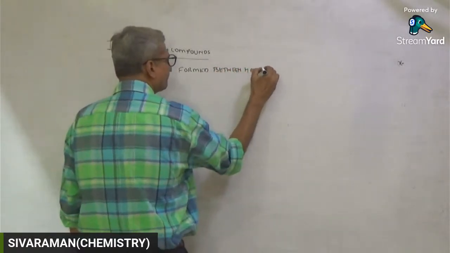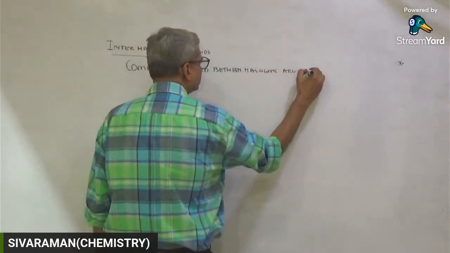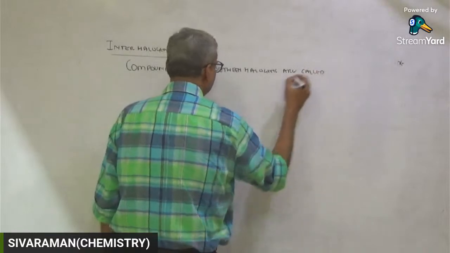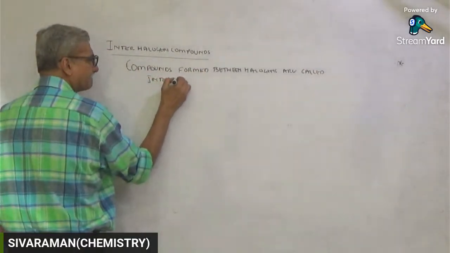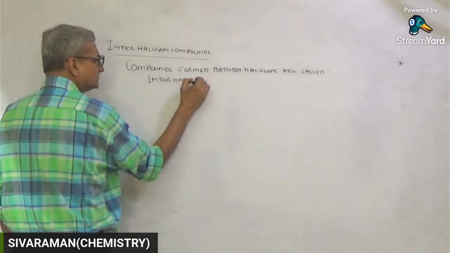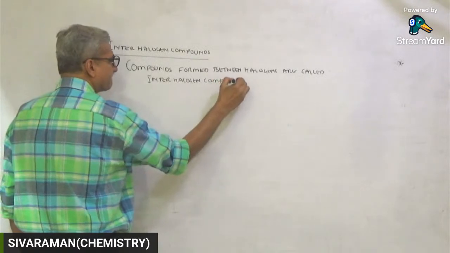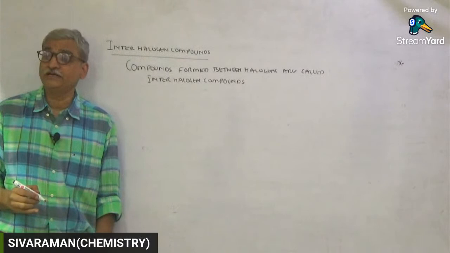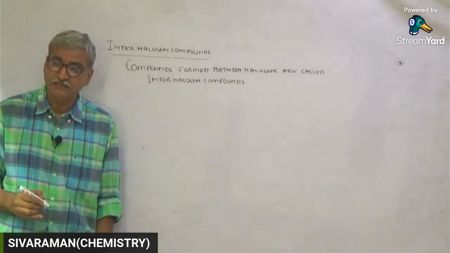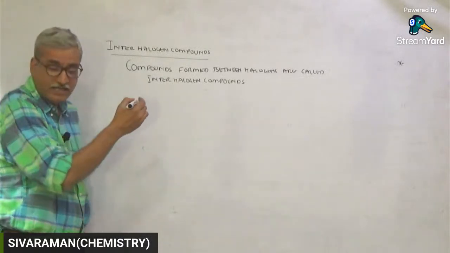So compounds formed between halogens are called interhalogen compounds. Now write a short note on interhalogen compounds if they ask in the examination. First, you state what are interhalogen compounds, and then what will you say?